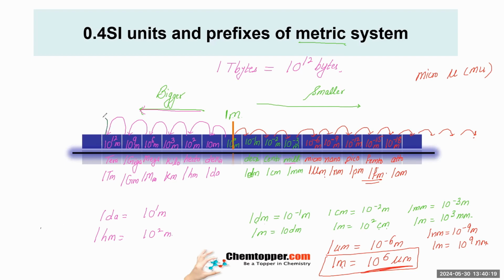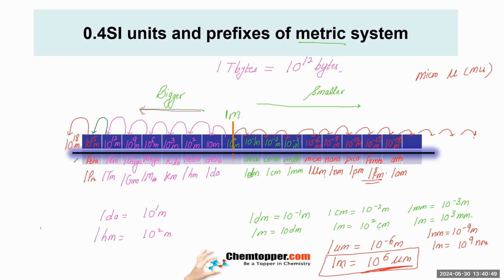Now again increase by 1000. It becomes 10 raised to power 15 meter. And this is called peta. Symbol is capital P. Now again increase. You can keep going. 10 raised to power 18 meter.